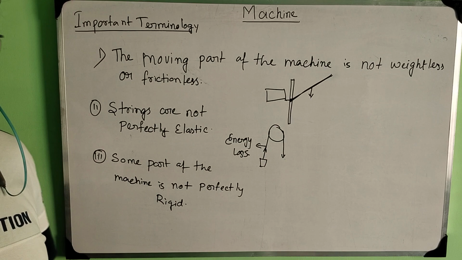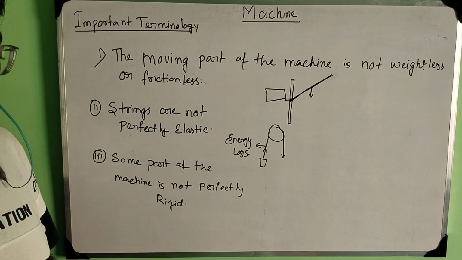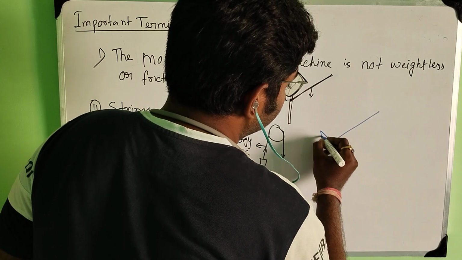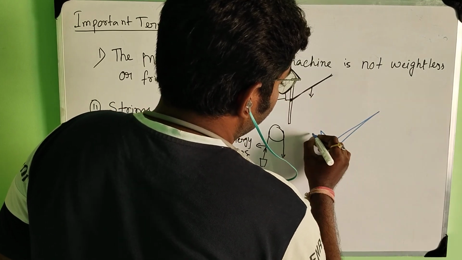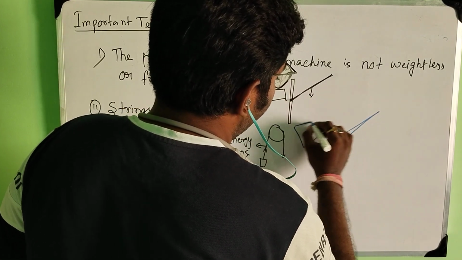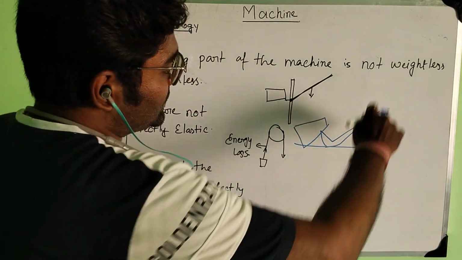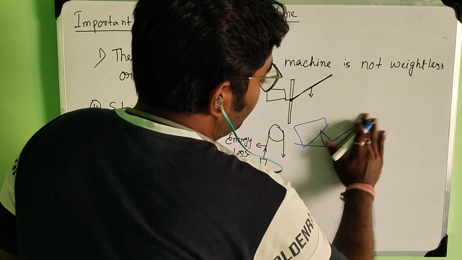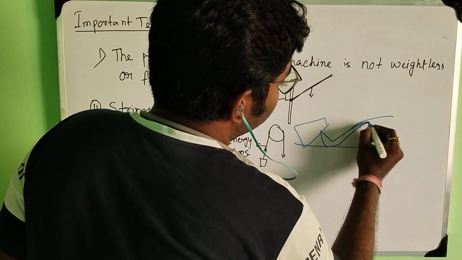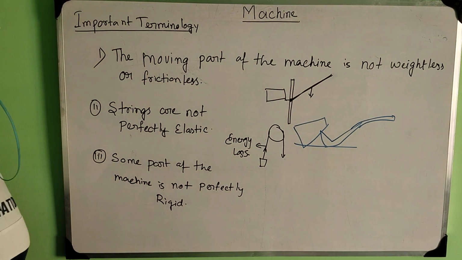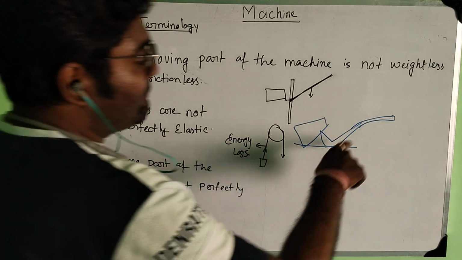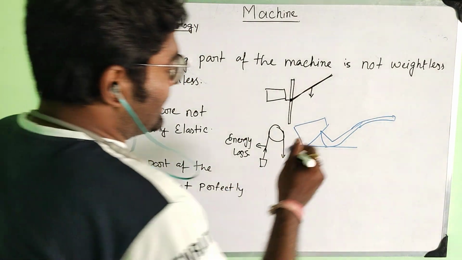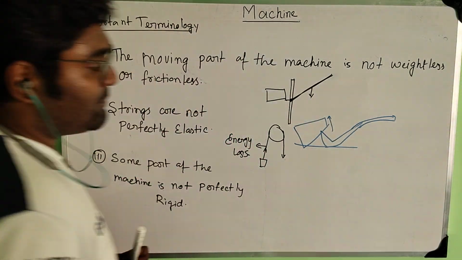And obviously the machine will become less efficient. Suppose in case of a crowbar, you want to lift a heavy stone. Suppose you are putting the effort, and what will happen? The crowbar will bend its shape. First of all, the efficiency of this crowbar will decrease, and less displacement will happen.